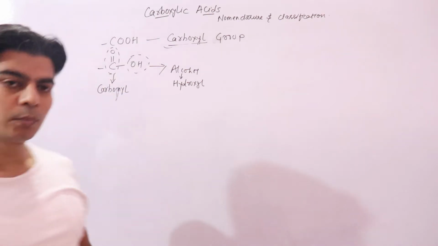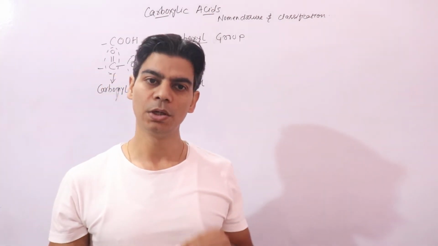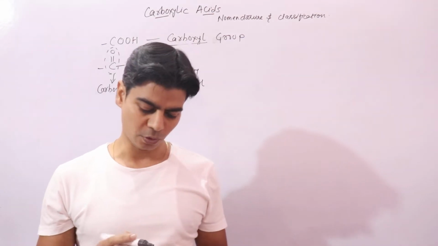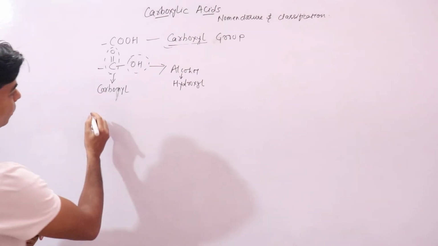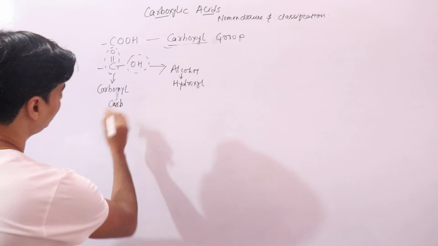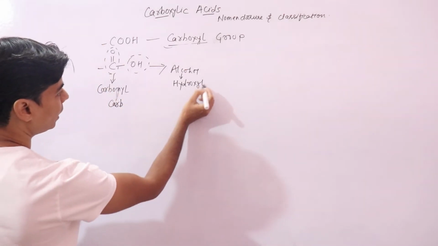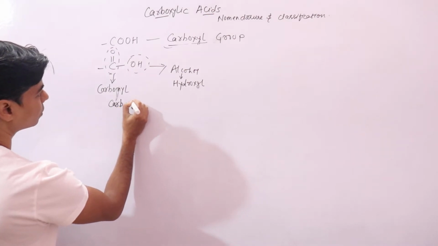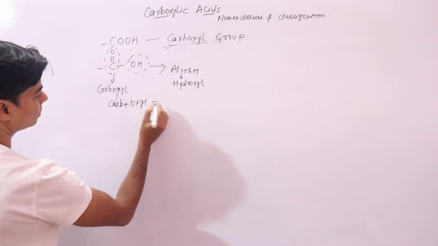Since the carboxyl group is made from the carbonyl group and hydroxyl group, its name is also derived from them. So to name the carboxylic group, we have taken carb from the carbonyl group and oxyl from the hydroxyl group, right?